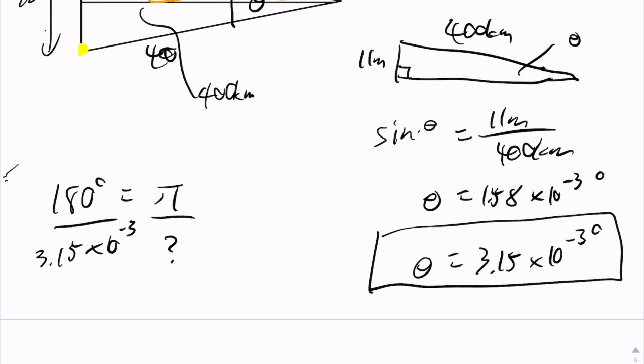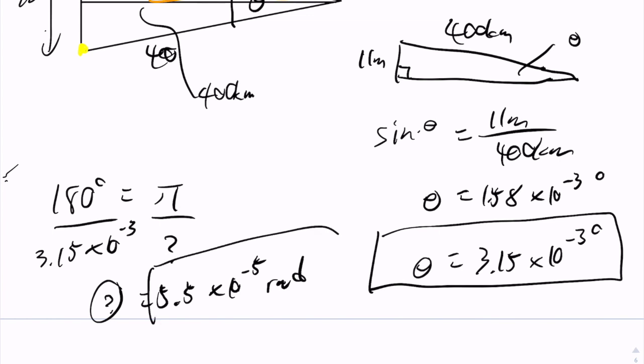And that's going to give us about 5.5 times 10 to the negative 5 radians. So that's the final answer.